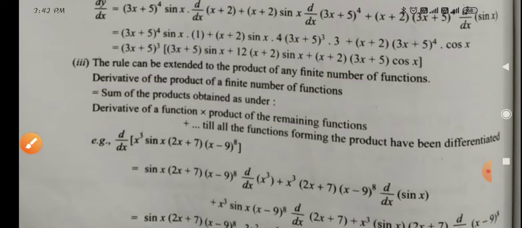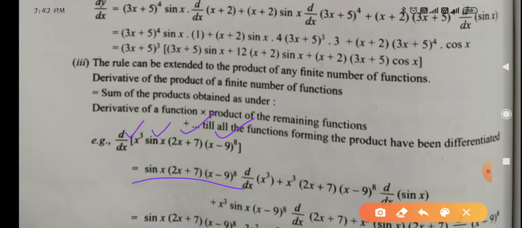An example is also given, with four functions: x cubed is the first function, sin x the second function, 2x plus 7 the third function, and (x minus 9) to the power 8 the fourth function.